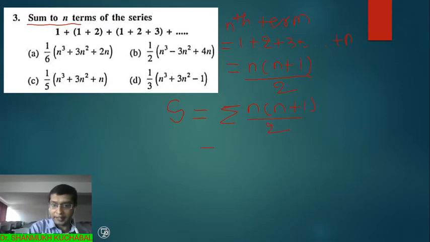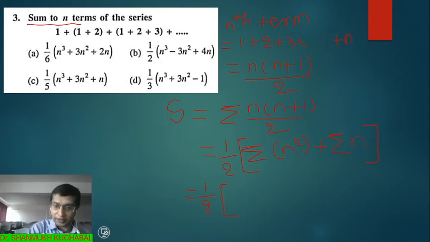1 by 2 is common, we'll take it outside. Summation, here it is multiplied by n, we get summation of n square. One more, it is the summation of n into 1, we get n like this. And the summation of n square is a standard formula.